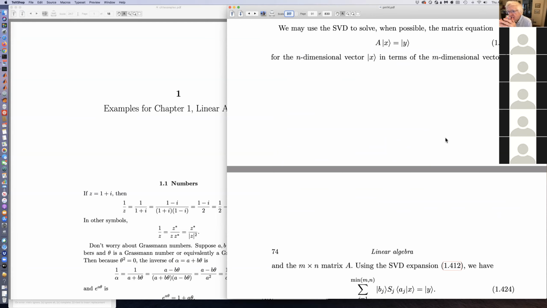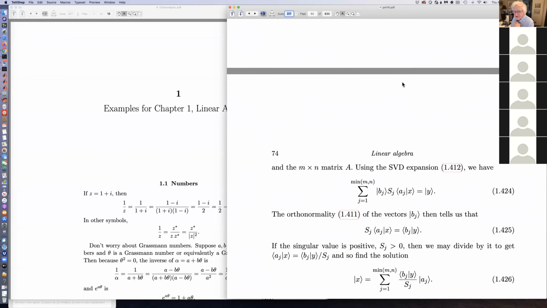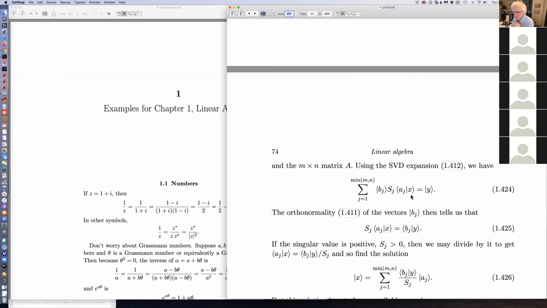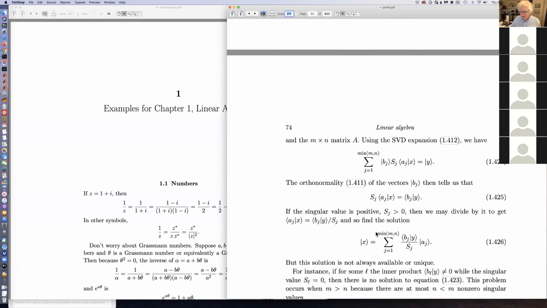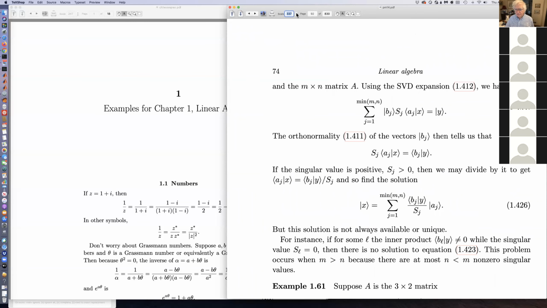The singular value decomposition is a nice way of solving linear systems. If you have Ax equals y, then writing A in terms of its singular value decomposition, we get this expression. And now taking the inner product with Bj, we get that the singular value Sj times the inner product of Aj with x equals the inner product of Bj with y.